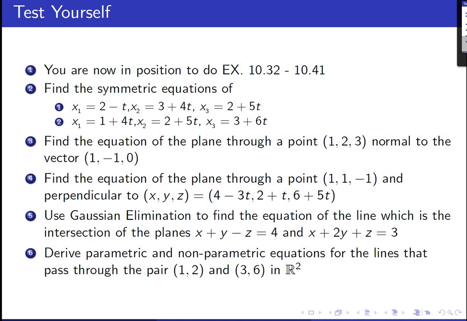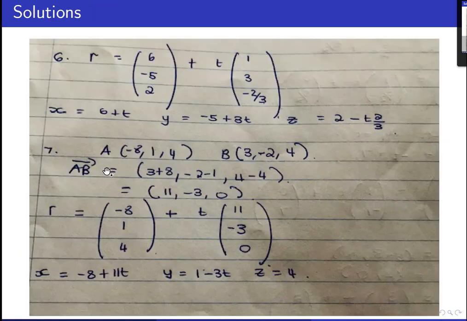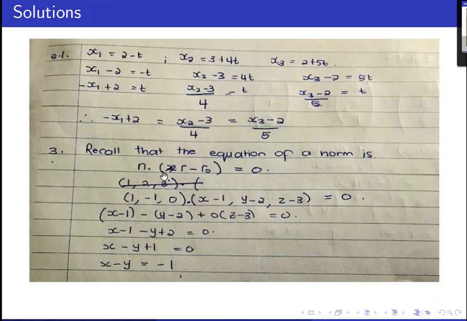find the equation of the plane through the point 1, 2, 3, normal to the vector 1, -1, 0. In this case, it's much easier because we are given the normal, or the norm, which is 1, -1, 0.